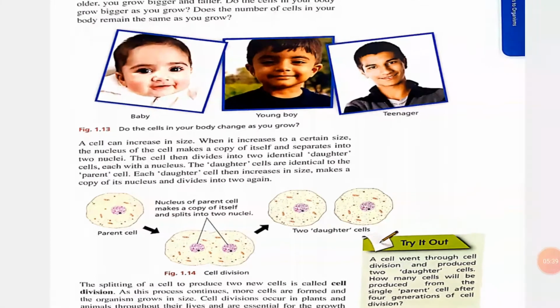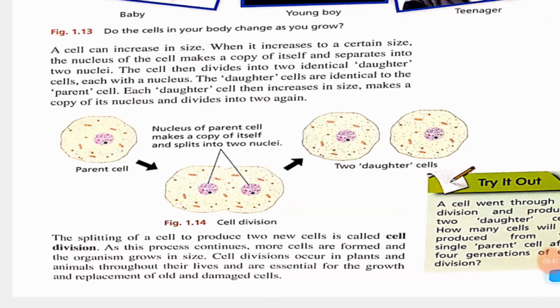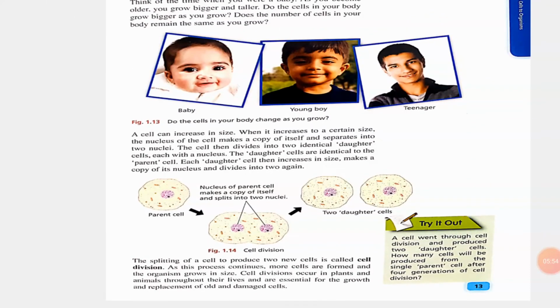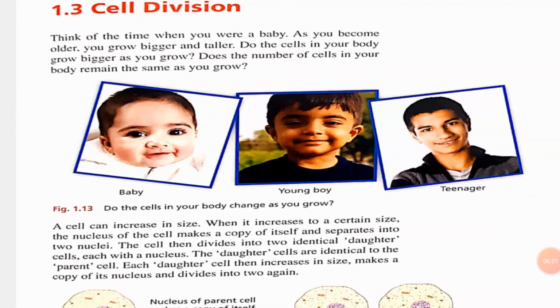Now we are going towards the definition of cell division. That splitting of a cell to produce two new cells is called cell division. This is the continuous process which is present in our body, but at a certain age this process will stop. As the question that is given here about cell division, as you become older you grow bigger and taller.